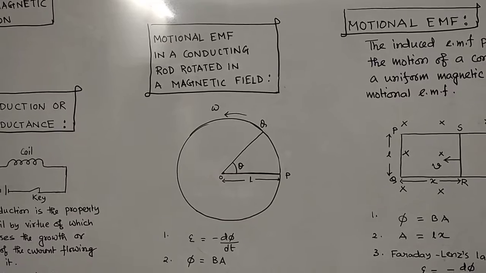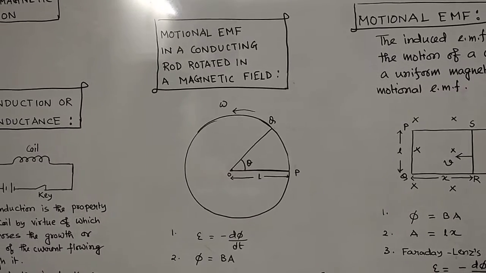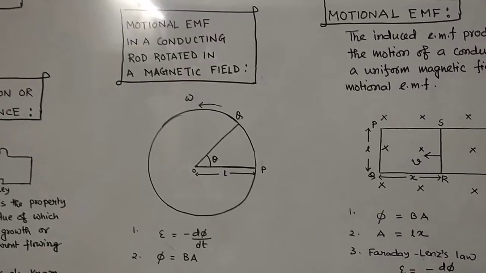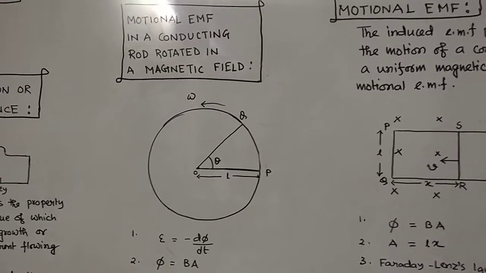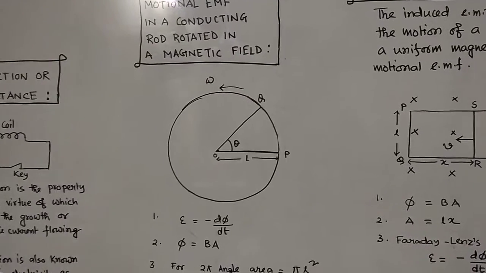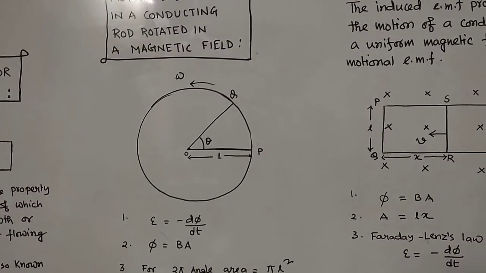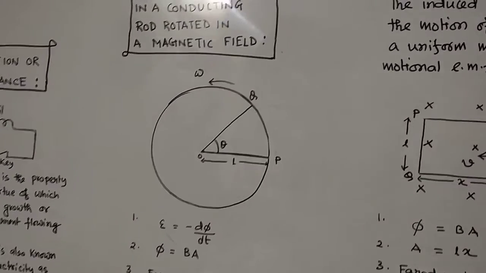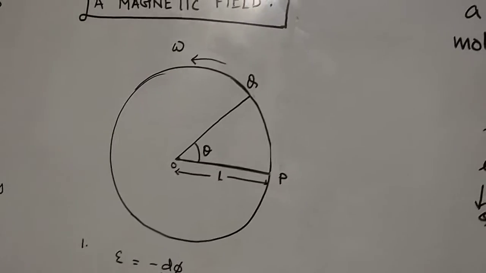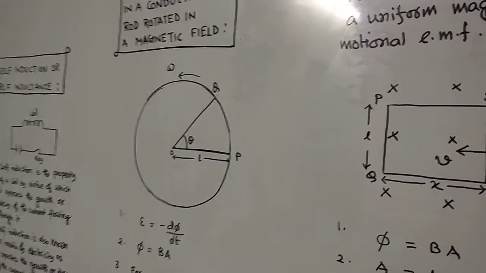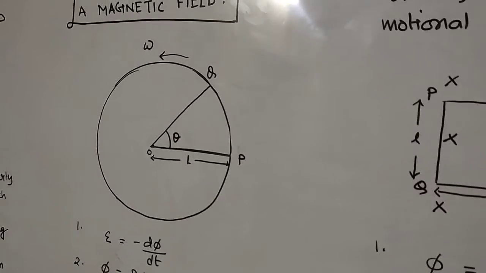Definitely a variation of the flux will occur, or you can say some kind of disturbance will occur in the magnetic field. In the figure we have not shown the magnetic field. You can show it in your diagram. Let me represent the magnetic field.